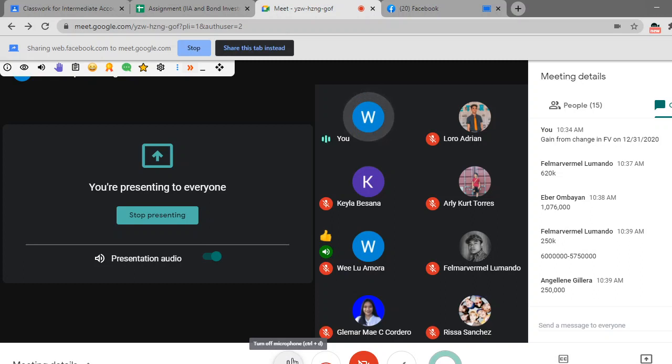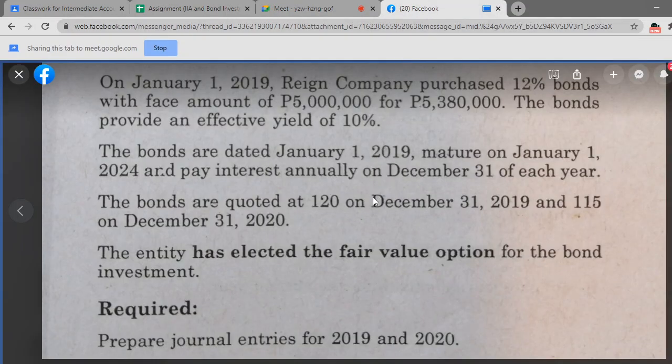So, our answer there, I actually saw one. The easiest way here is just comparing two periods. The question is how much is the gain from change in fair value? The context clue is already in the question.